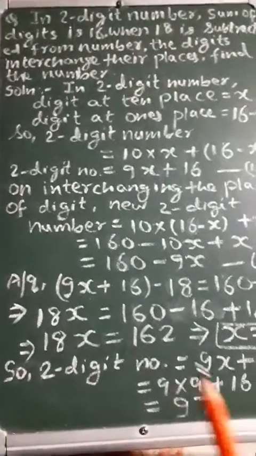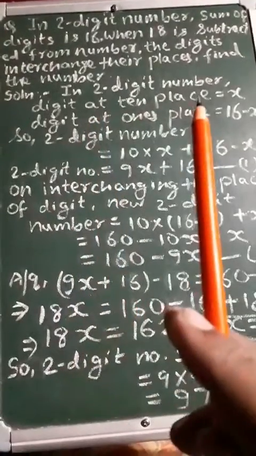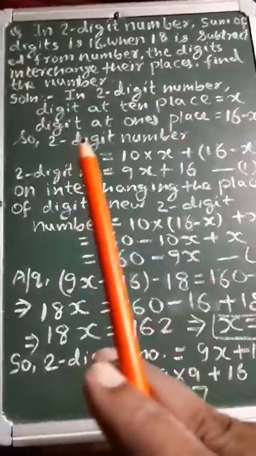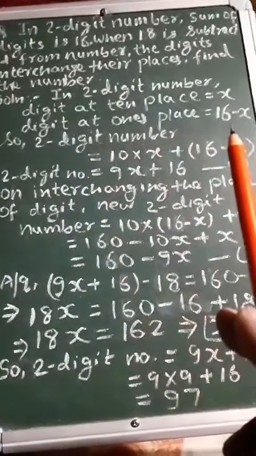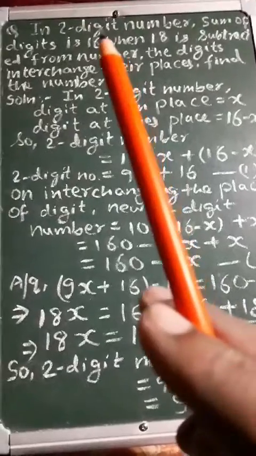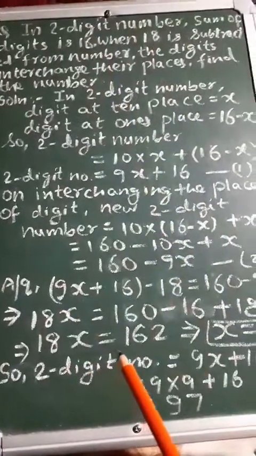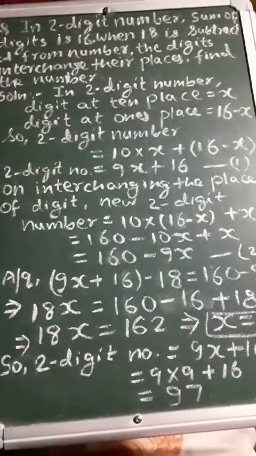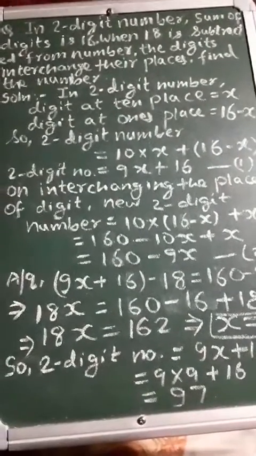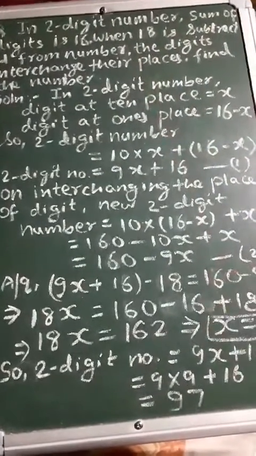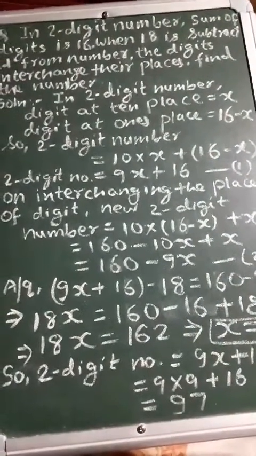Now look here. In the 2-digit number, suppose the digit at tens place is x, and the digit at ones place is 16 minus x. Why is it 16 minus x? Suppose the number is 97. The sum of 9 and 7 is 16. So suppose the tens place number is 9, the ones place is 16 minus 9, that is 7.